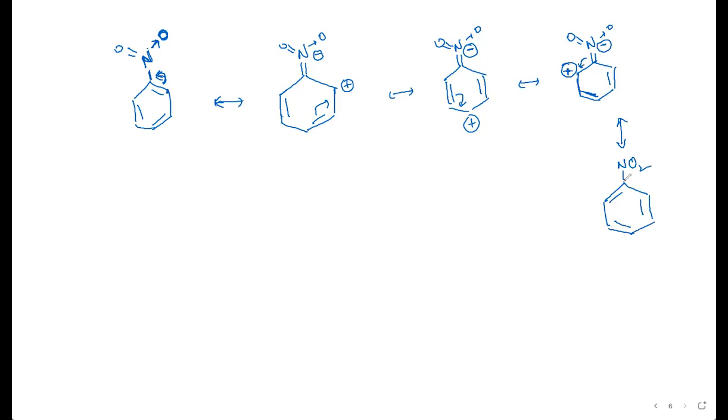Now, based on these resonating structures, if you have a nitro group attached to a benzene ring, where do you find the electron-rich areas in this case? Ma'am, there is only one electron-rich area, which is the nitro group. But the nitro group is already saturated with electrons, nitrogen's valency is full.